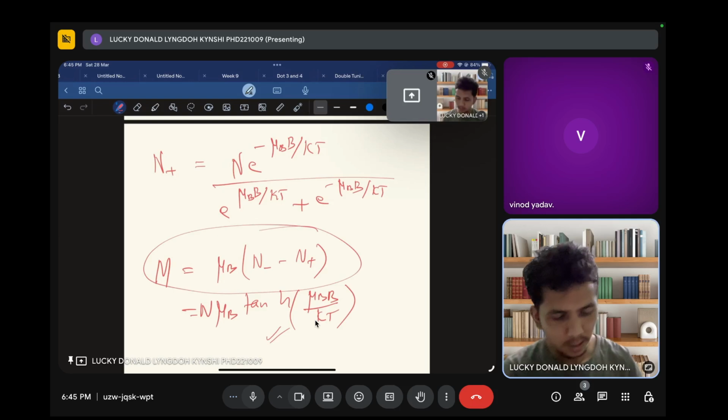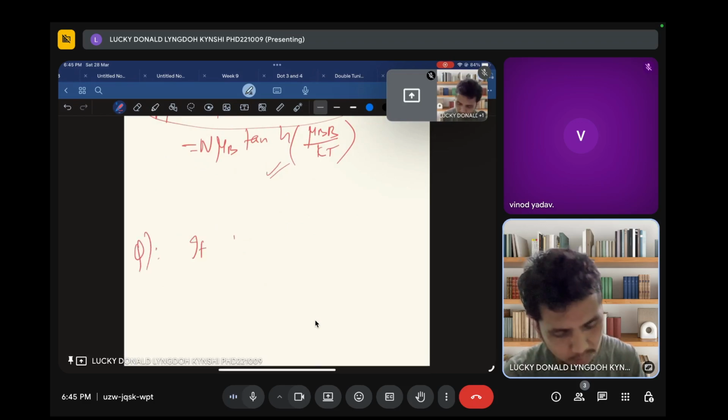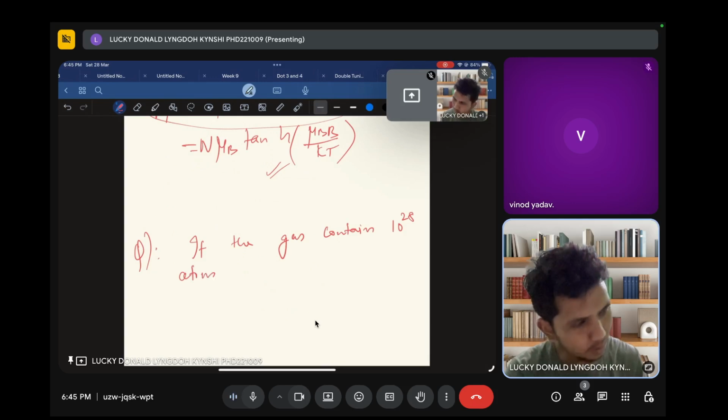And you will get your magnetization. Now, the second section of your problem is given as: if the gas contains 10 to the power 28 atoms per meter cubed, calculate the population of the levels and the magnetization at 300 Kelvin and 5 Kelvin.